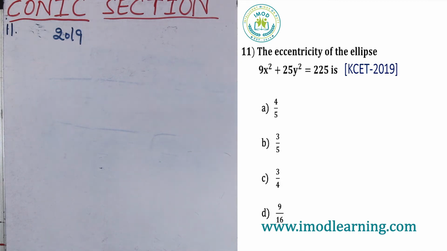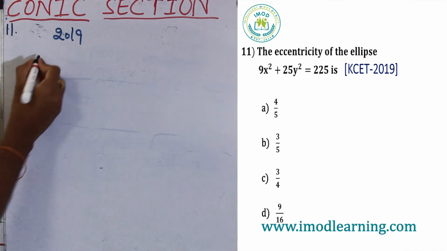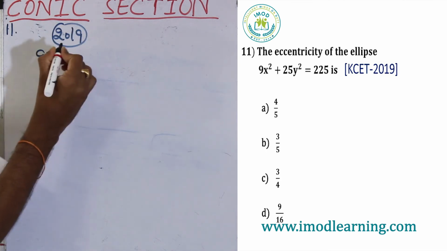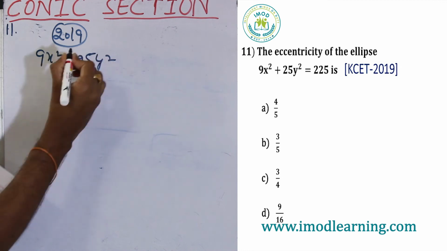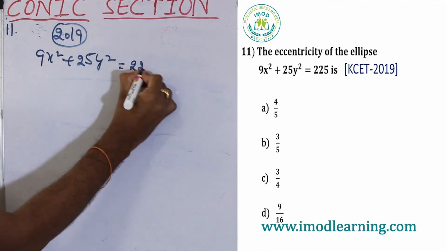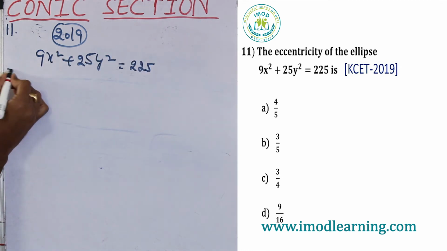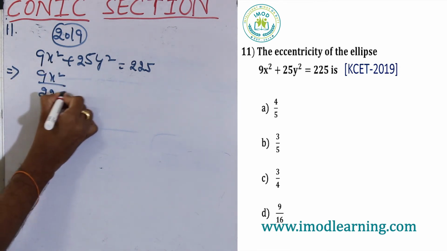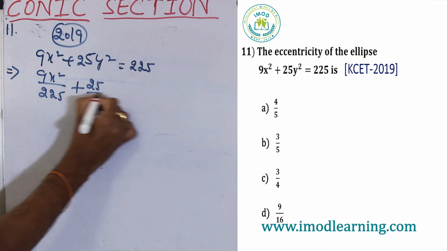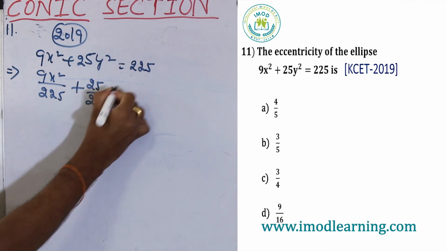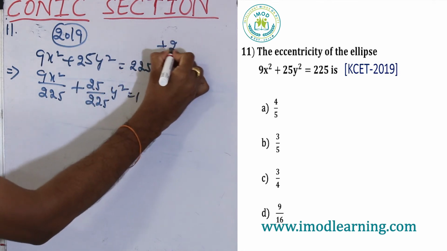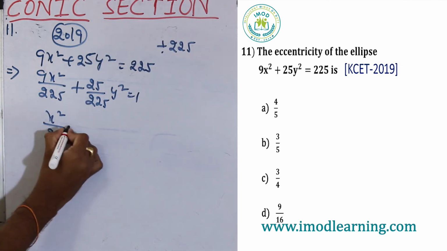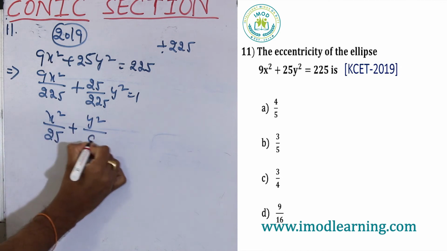The eccentricity of the ellipse 9x square plus 25y square, which is equal to 225. First convert to standard form: 9x square divided by 225 plus 25y square divided by 225, which is equal to 1. That means divided by 225. So x square divided by 25 plus y square divided by 9, which is equal to 1.